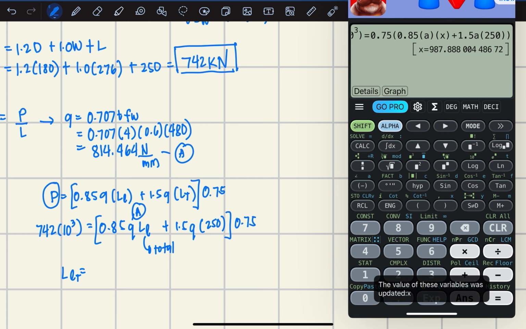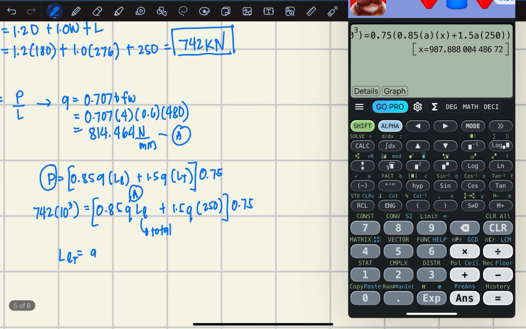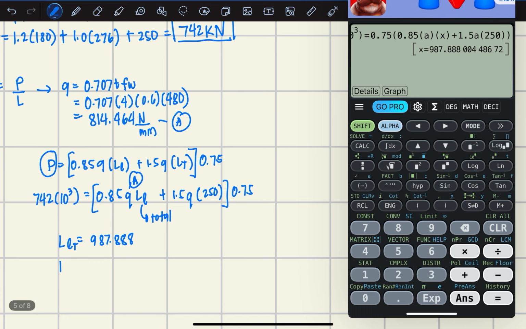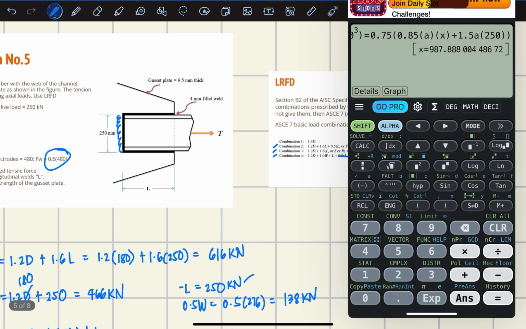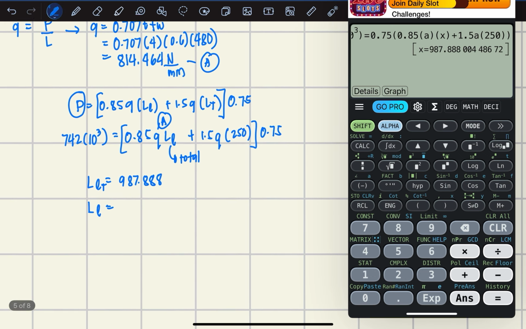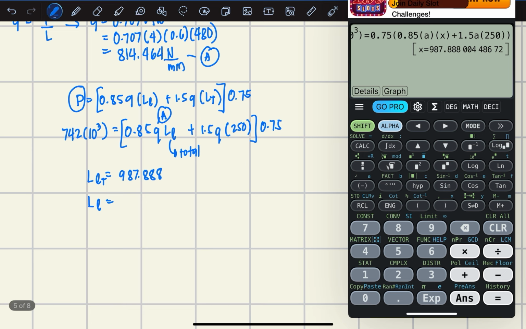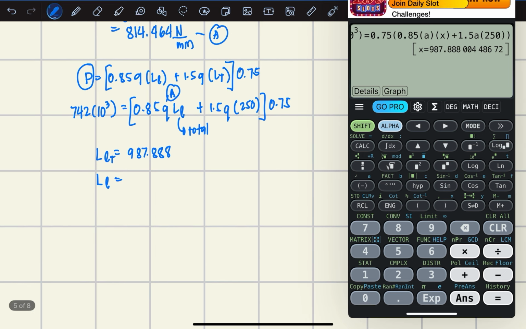So, therefore, the total longitudinal welds is 987.888. To get the longitudinal weld of each side, we divide it by 2 since their lengths are the same.